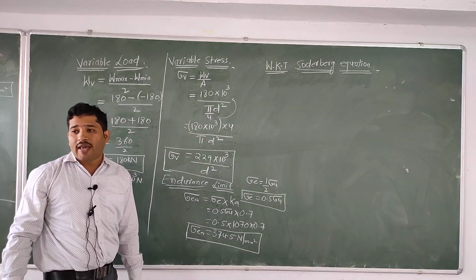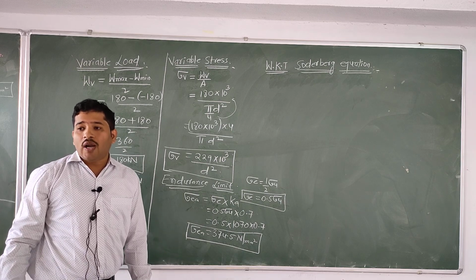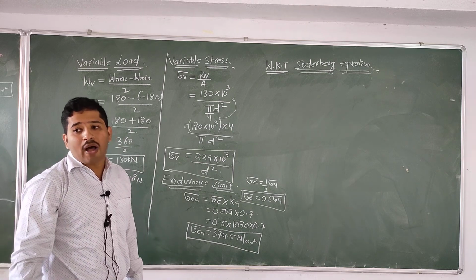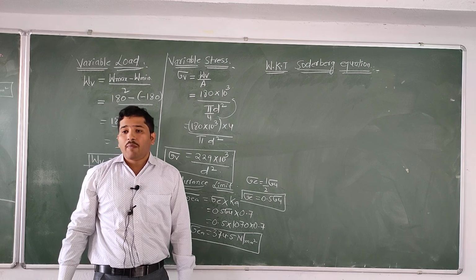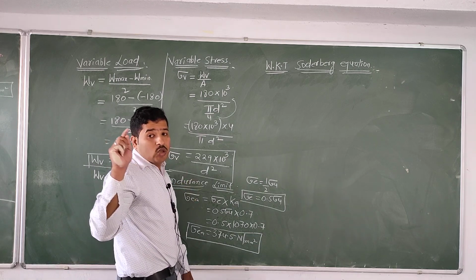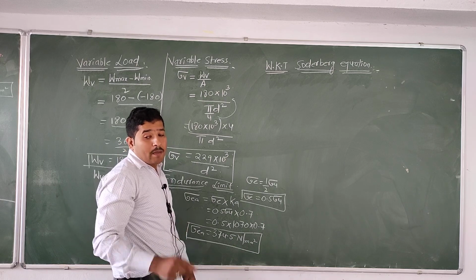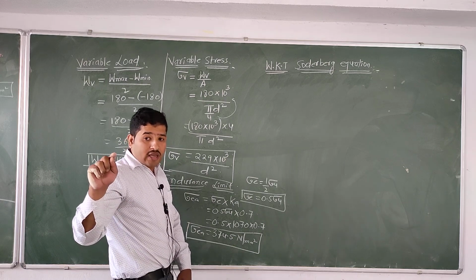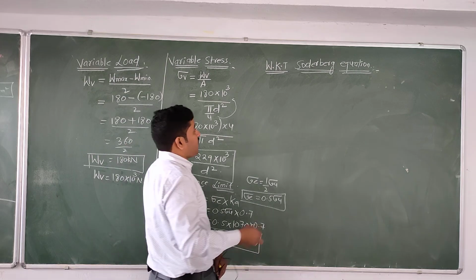We know the formula is 1 by n equal to sigma m by sigma y plus sigma v by sigma EA into the surface finishing factor Ks and the size factor.